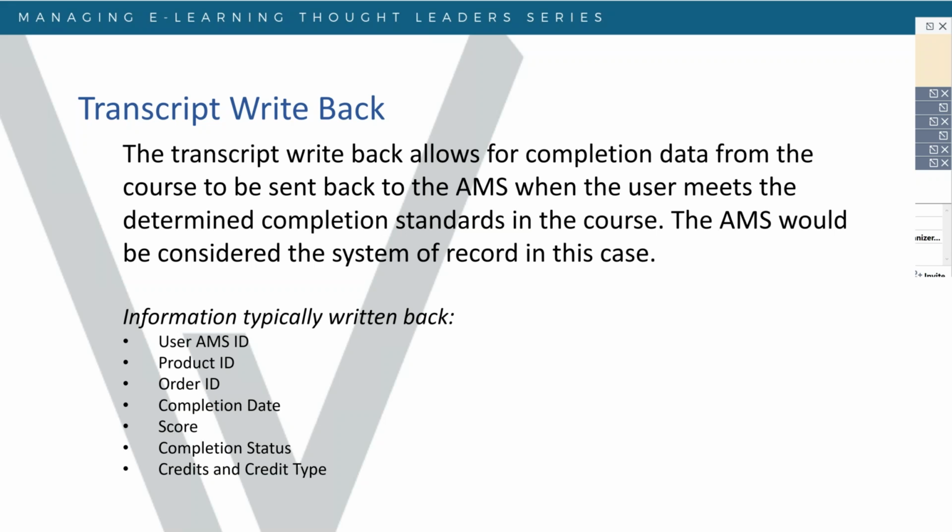You can work with your AMS vendor to auto-assign those courses to your members, or you could have them go through the process and actually purchase the course on your website, purchasing it for a complimentary price. We've done either one of those configurations.